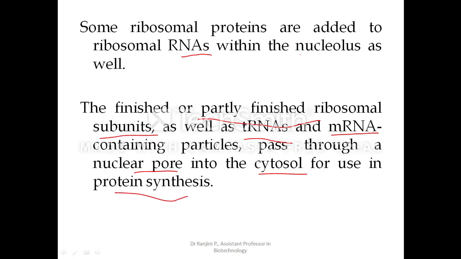So these tRNAs, mRNA and ribosomal RNA subunits are synthesized in the nucleus. They may be completely or partly formed inside the nucleus, and they pass through the nuclear pore at different time intervals and reach the cytosol.